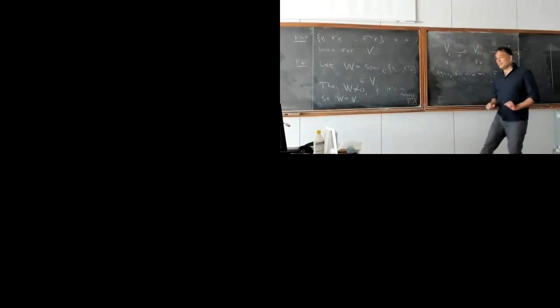So, because V is an irreducible representation, W is equal to V. So that proves that it spans, but they're also eigenvectors for distinct eigenvalues, so they're linearly independent. So it's a basis. Any questions?